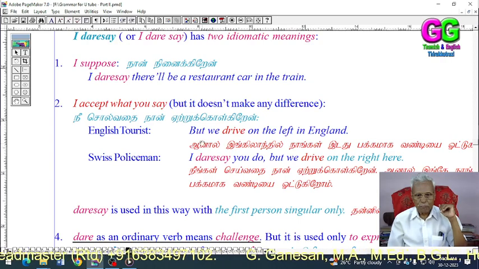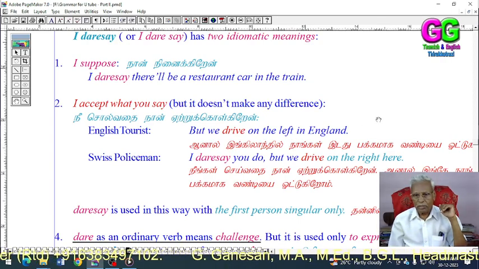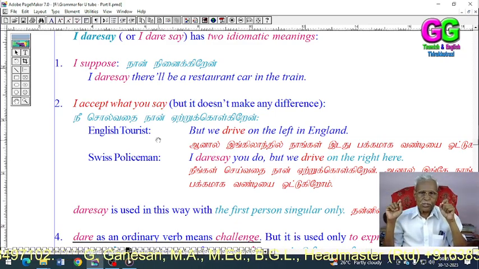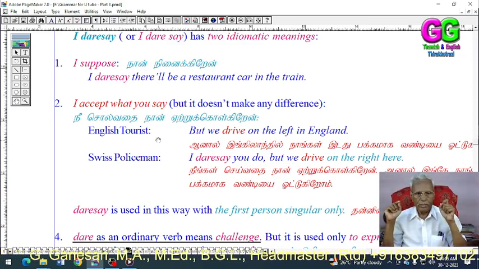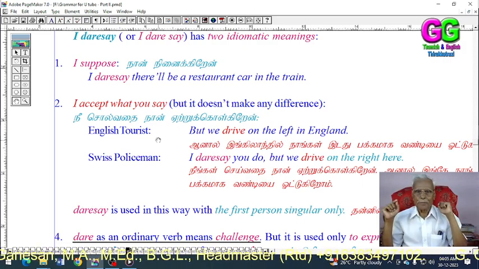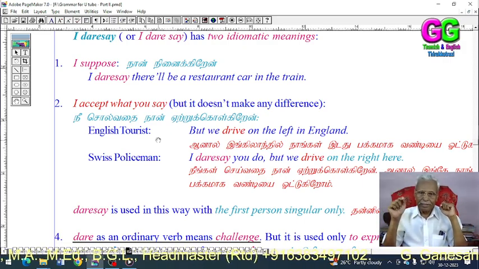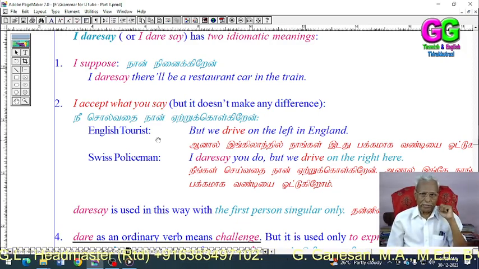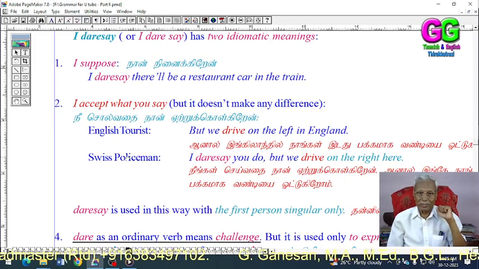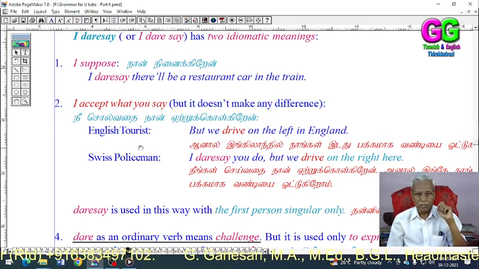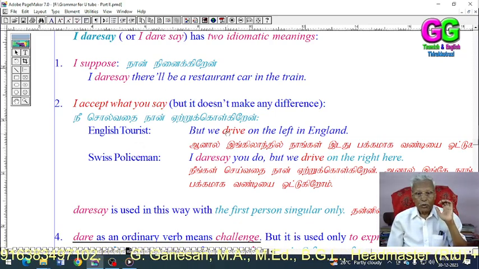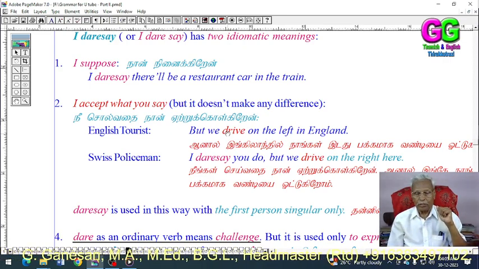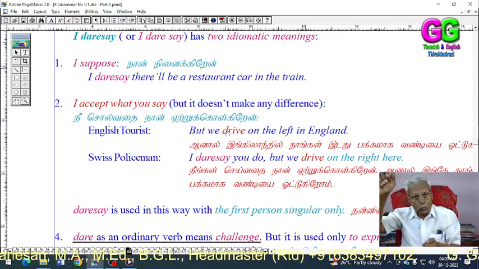English tourist: But we drive on the left in England. That is, an Englishman is driving a car in Switzerland. The policeman asks him, why are you driving like this? The English tourist says, in England, we drive on the left.